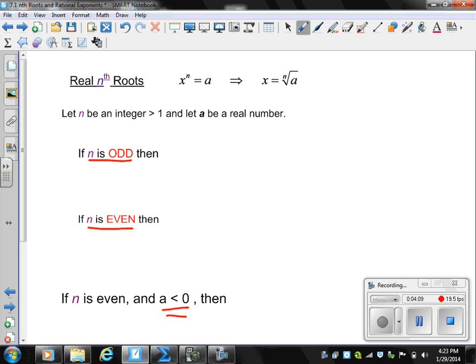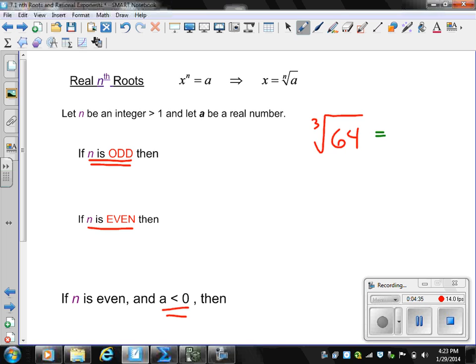Well, most of this is actually old stuff, but we really haven't seen the fact that we can take a cube root or a 5th root or a root number that's odd. So something like if we took the cube root of 64, well, I have to think about that for a second. I'm trying to think of a number that when I use it as a factor 3 times, I get 64.